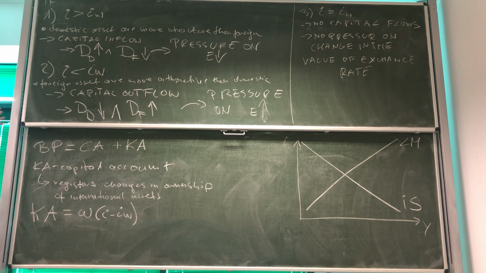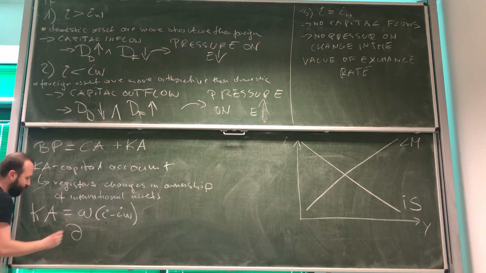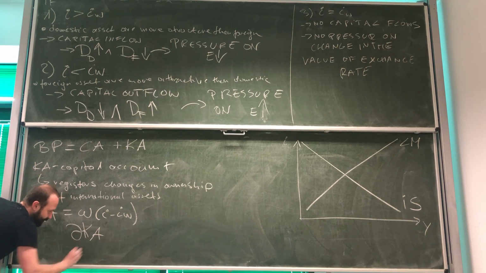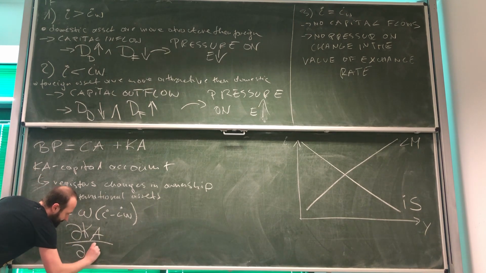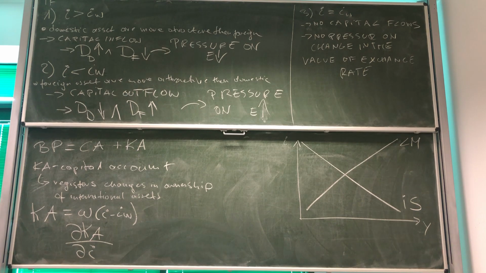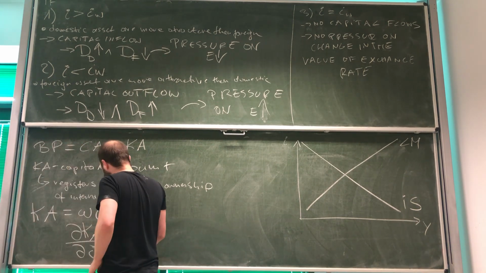Okay, and of course, here we see the reverse. And based solely on that, we can conclude that the partial derivative of the capital account with respect to our interest rate should be positive, right?